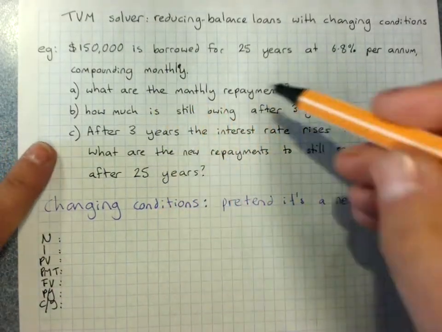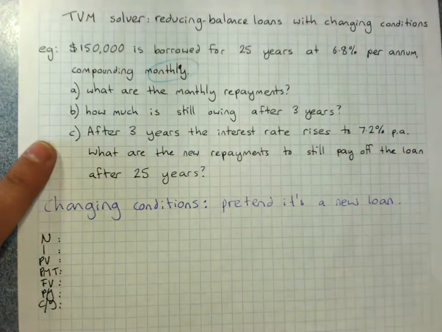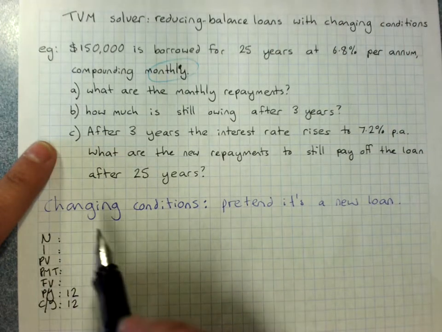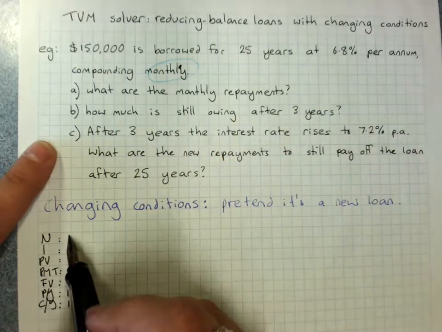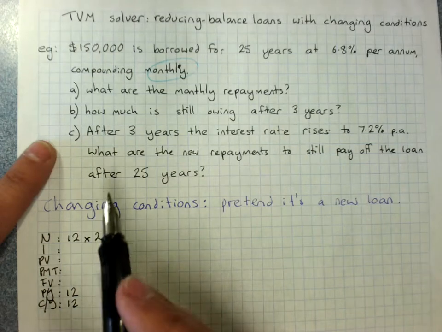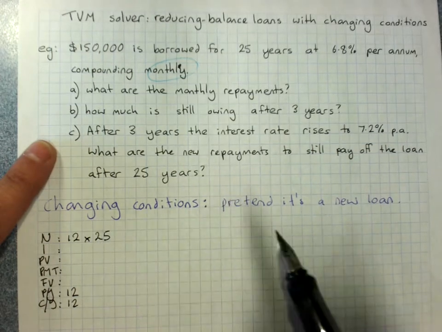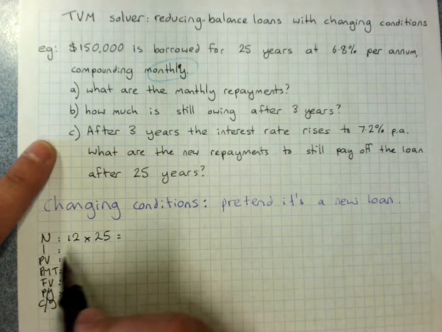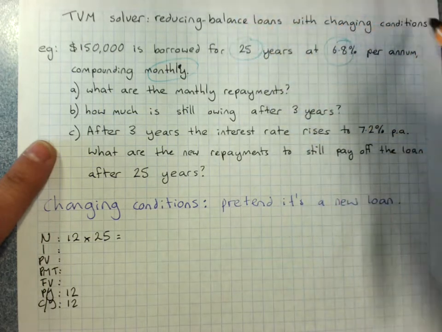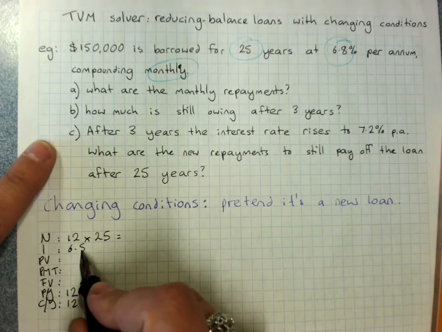We've got monthly repayments, which means PY and CY are 12. N is thus going to be 12 times 25 years. And we'll work that out when we get our calculator. Interest rate, 6.8.